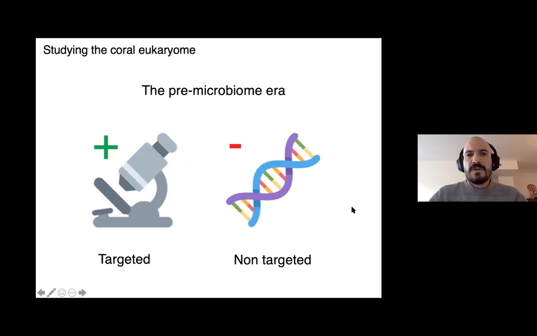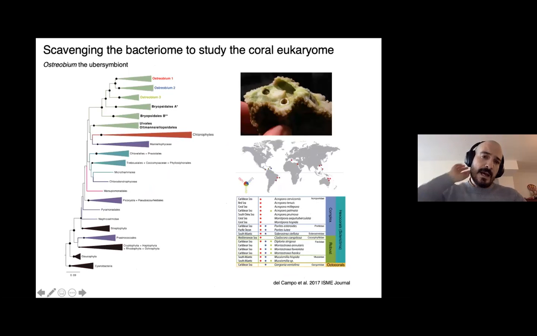Again, the study of the coral eukaryome is still at the pre-microbiome era, and most of it has been based on microscopy and not on molecular techniques. I have been doing some analysis using molecular methods to study the coral eukaryome, and I started by scavenging the bacterial microbiome studies.